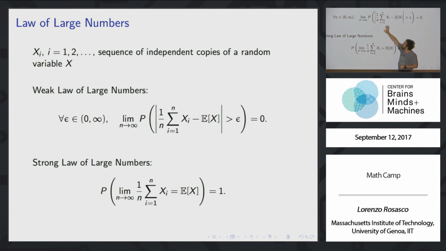If you apply the definition of convergence in probability to this specific random variable, which is the sum of n random variables, then this is what you call the weak law of large numbers. And if you do the same thing, but you apply the almost sure convergence to the sum of values, this is what you call the strong law of large numbers.